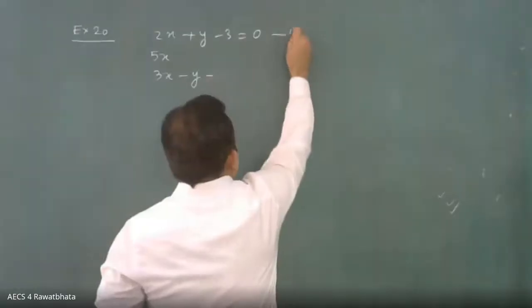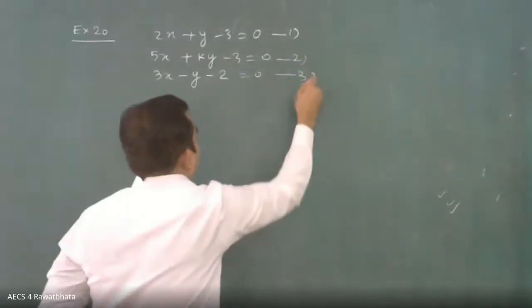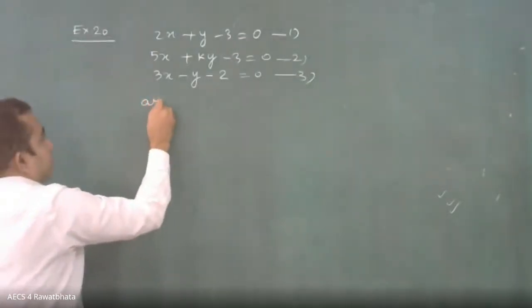Yes, sir. 2x plus y minus 3 is equal to 0, and 5x plus ky minus 3 is equal to 0, 3x minus y minus 2 is equal to 0. Okay, are concurrent. I have to get the value of k.